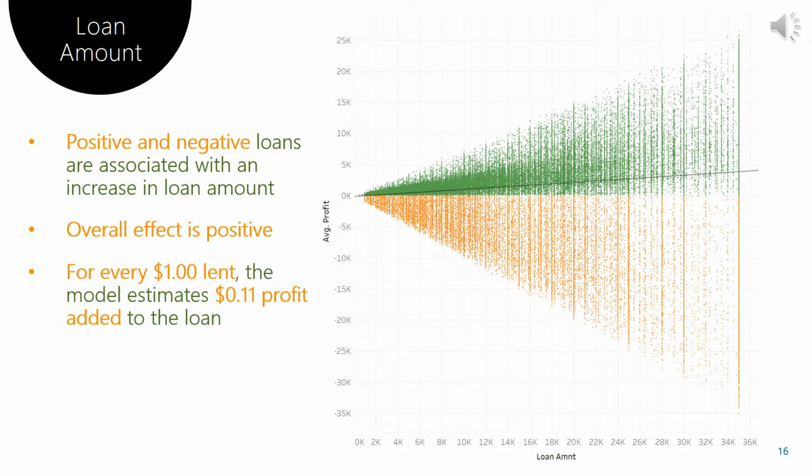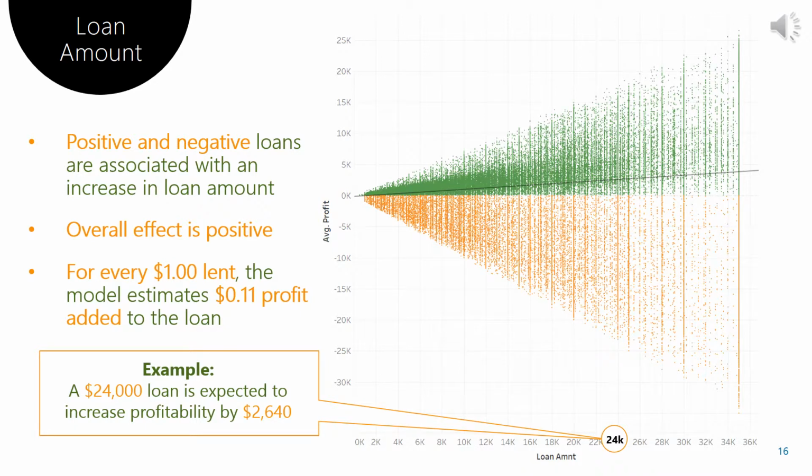So here's where we're going to start building the equation that we talked about in the previous slide. So let's say that this is a $24,000 loan. We take $24,000 and multiply that by the model's estimate of 11 cents, and we get an expected increase in profitability of $2,640.